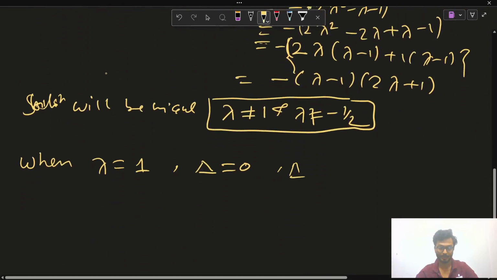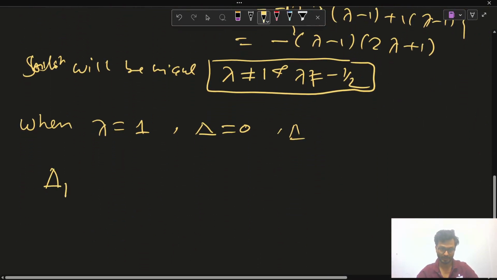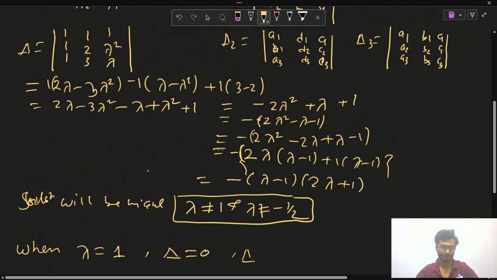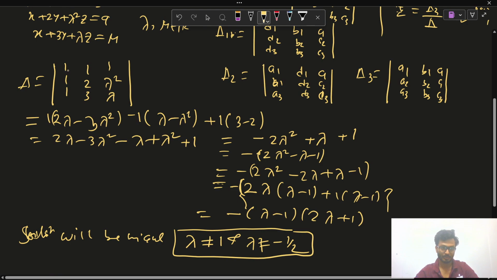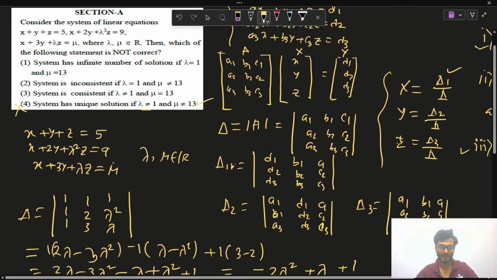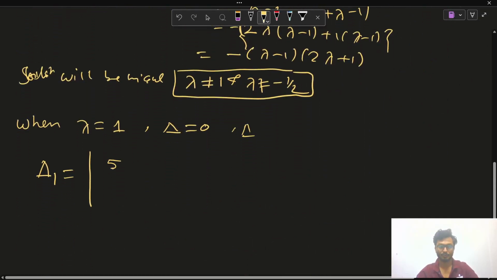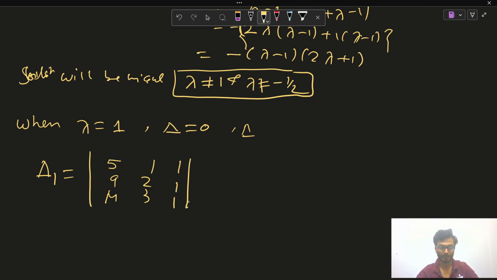Our delta was this: 1 1 1, 1 2 3. So delta 1 will be replaced by this column 5, 9, mu. So this will be 5, 9, mu, then 1 2 3, and our lambda is 1, so 1 1 1.